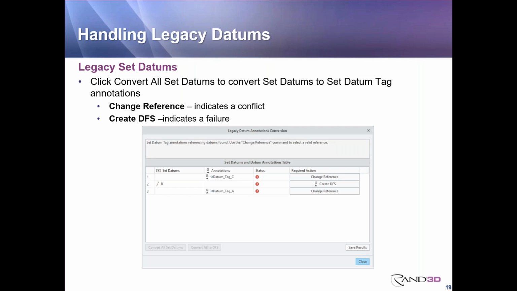If a feature failure is encountered, the datum itself is going to stay in the set datums column. You get that symbol in the status area indicating, hey, there's a problem. And then from there, of course, that's when you get the create DFS required action to show.